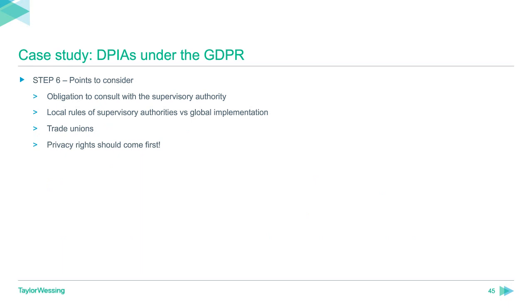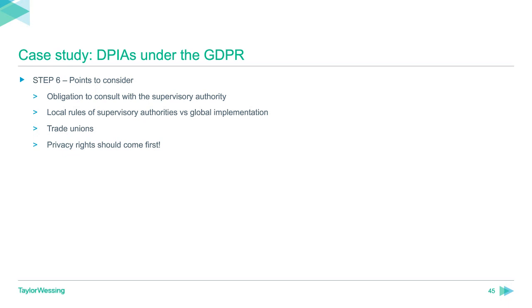The first one is, as Stephanie mentioned earlier, there will be specific rules around employment, and you will need to see whether your local supervisory authority has issued a list which will require a DPIA to be implemented.